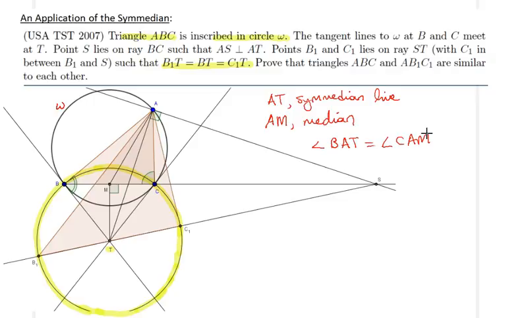So what else? In addition, I also marked two angles here, as you can see. Notice that angle ABT, because it's a tangency angle here, subtends this arc ACB here. But notice that angle ACB itself subtends the other portion of the circle.